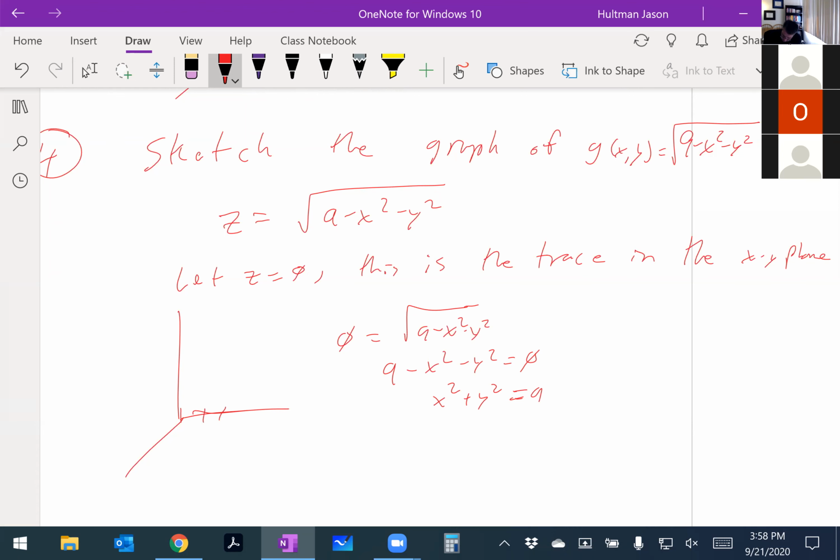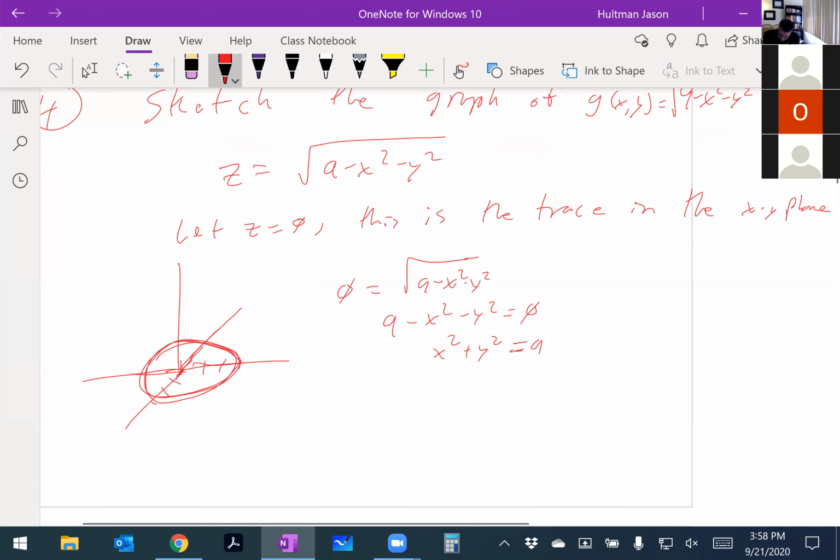So that's kind of cool. 1, 2, 3, and we're going to get a nice circle of radius 3 here. Makes sense? That's the trace. That's a slice in the xy plane.